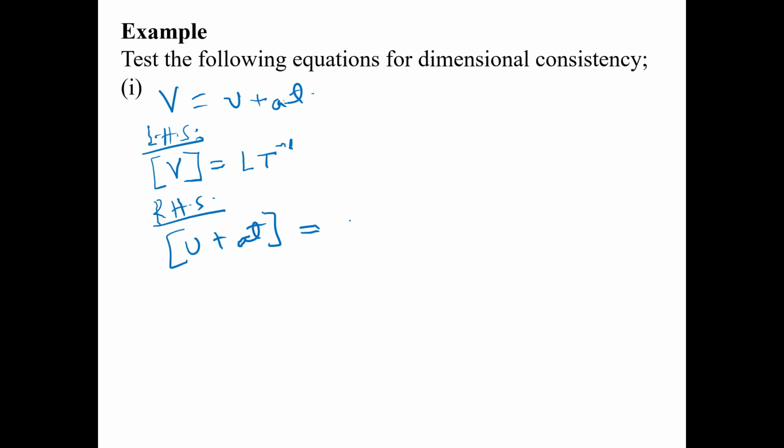When you simplify this, we shall be simply having dimensions of u plus dimensions of a times dimensions of t. The u is the initial velocity, which is L t power negative 1, and then plus dimensions of acceleration, that is L t power negative 2. Remember, meters per second squared.